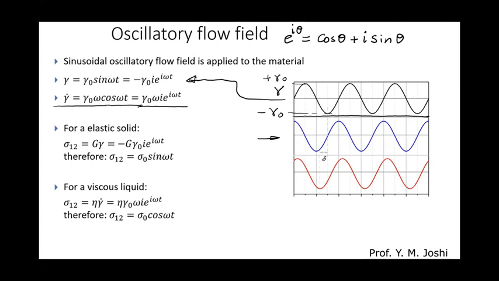All right. And now let us ask a very simple question to ourselves. And that question is, if a material is a purely elastic solid, which means that sigma 12, the shear component of the stress tensor for an elastic solid, is simply proportional to modulus into the shear strain.